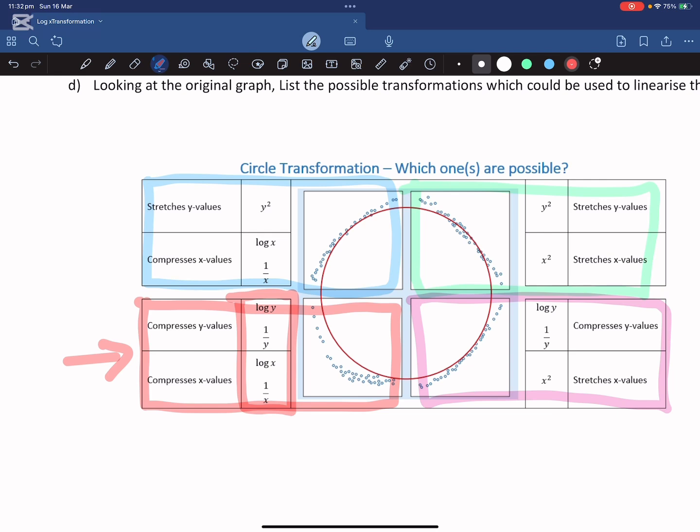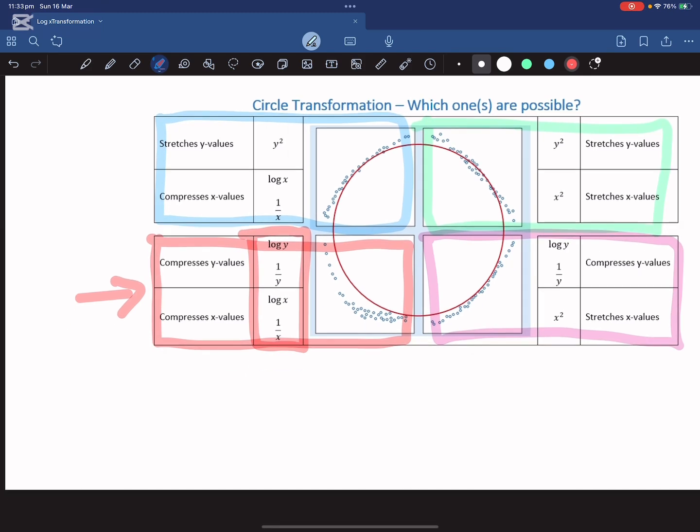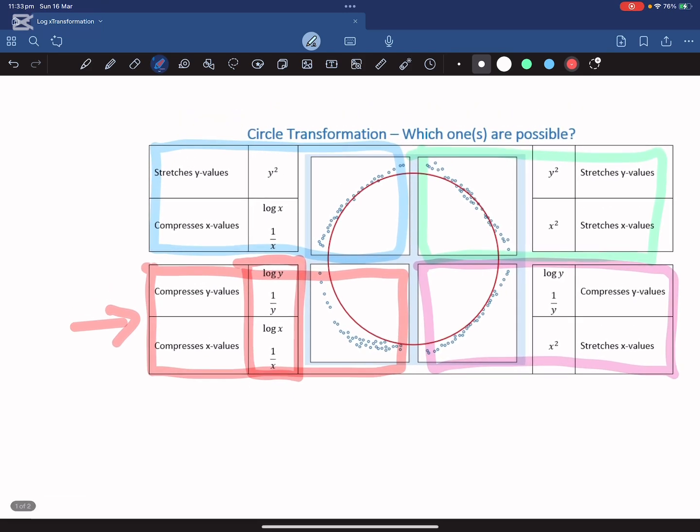Like, you do have to look at options and explore different things and see which one's the best option. In an exam, they'll tell you which transformation to do, so it's a bit different. All right, so we could do log y, the reciprocal of y, log x, or the reciprocal of x.